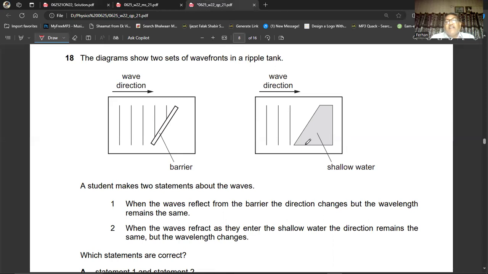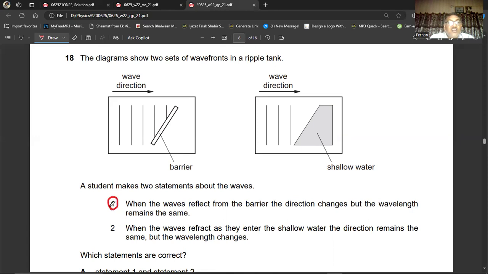Here the waves are entering a portion of water where the water is shallow. Whenever water waves enter shallow water, their speed decreases, their wavelength decreases, the direction changes, and their frequency does not change. The student's first statement: when the waves reflect from the barrier, the direction changes, but the wavelength remains the same.